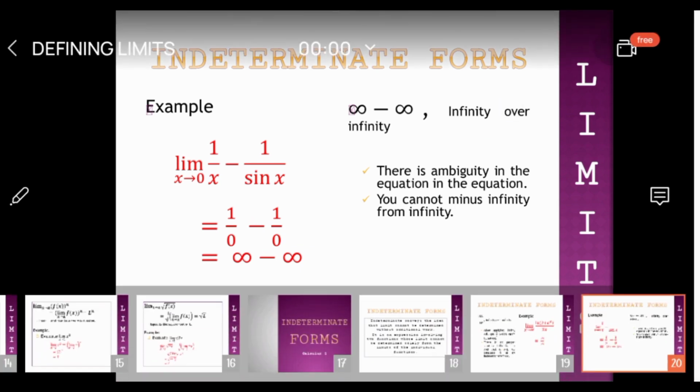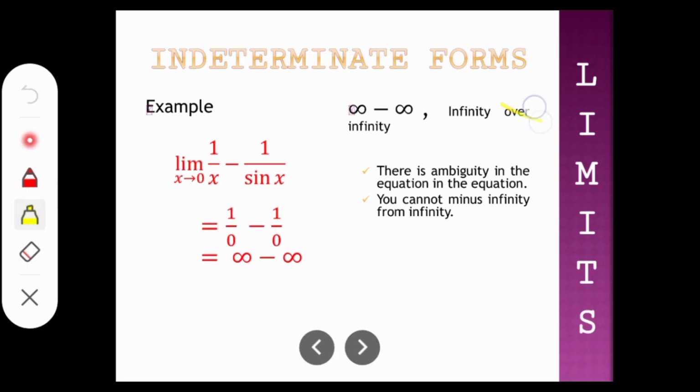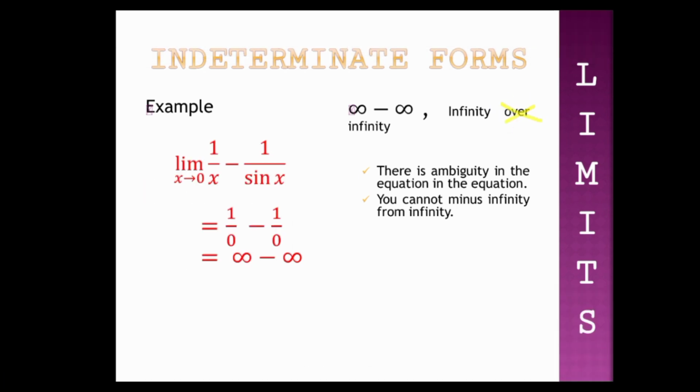The second one is infinity minus infinity. Sorry, that is minus infinity. There is ambiguity in the equation, so you cannot subtract infinity from infinity. That is the rule.